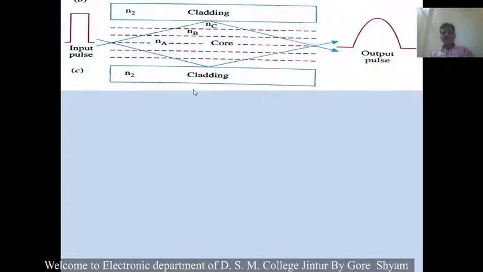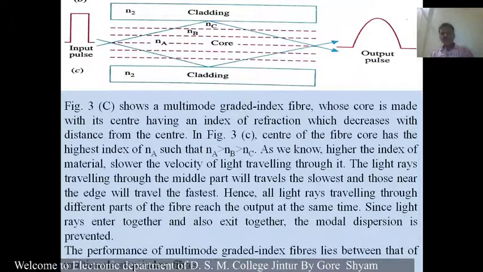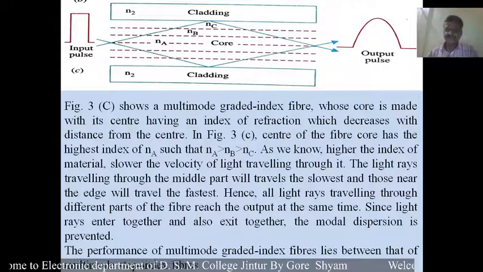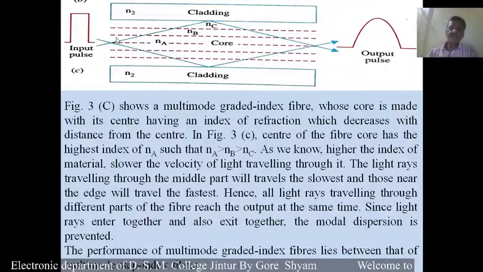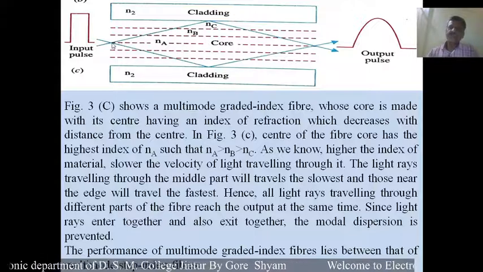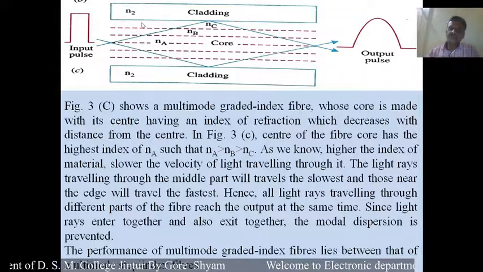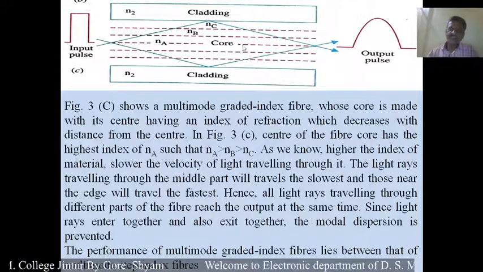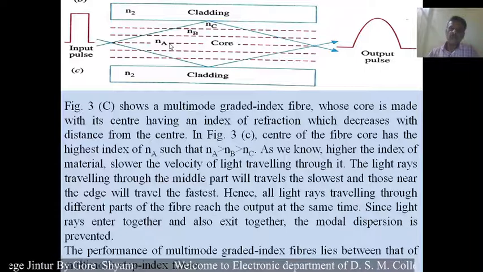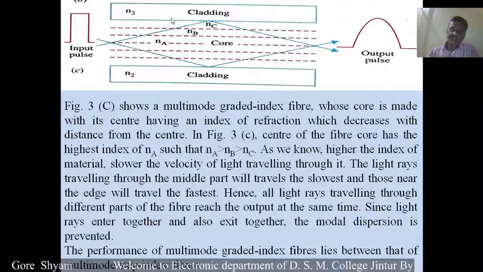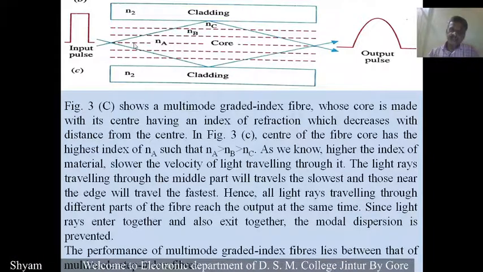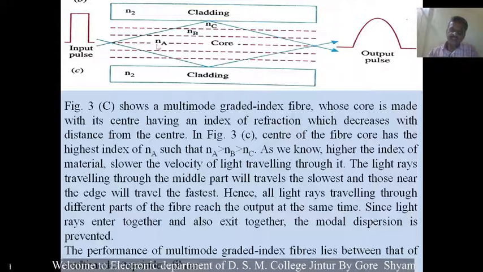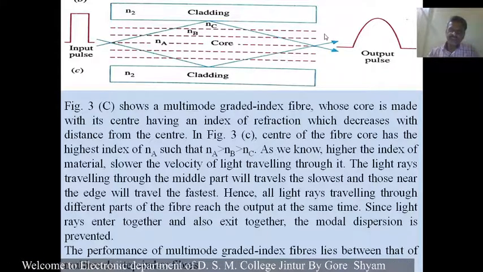Now let us see the third type of optical fiber, the multimode graded index fiber. Here the refractive index of the core is different at different points. Suppose at the center the refractive index is large, and when we go away from the center, the refractive index changes.